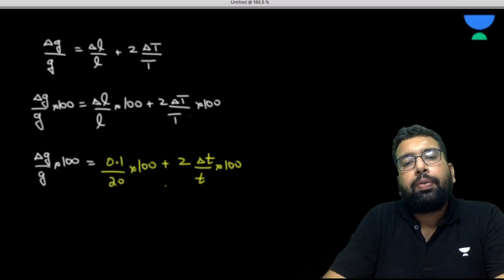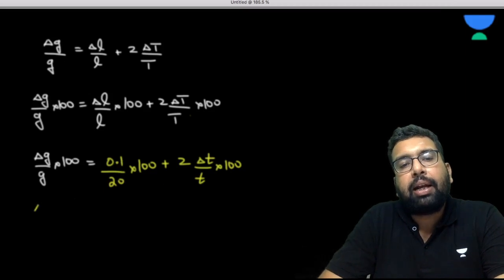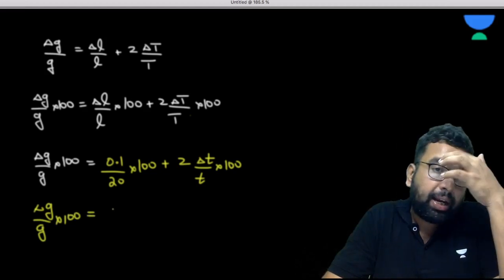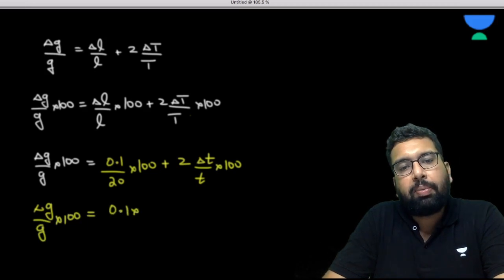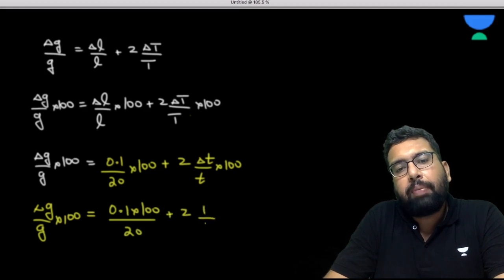From here we can write delta g by g into 100. That is the percentage error in g. So I can write, it will become 0.1 into 100 by 20. I'll just put the values first, plus 2 into 1 by 90 into 100.